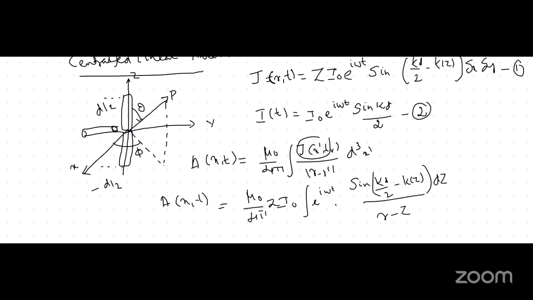Okay, so this is the value of A of xt, that is the vector potential at this point P we are getting.